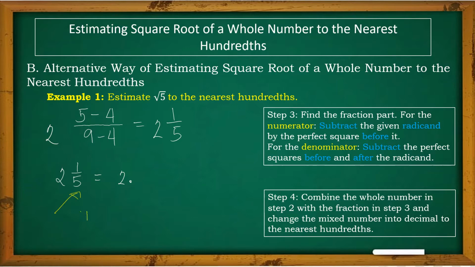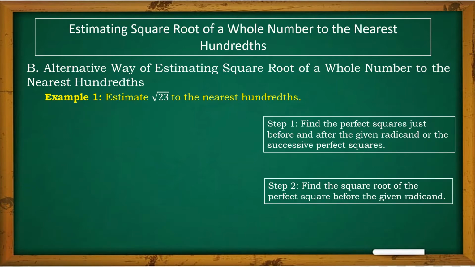So, that would be 1 divided by 5. Hindi pwede, di ba? So, magdagdag tayo ng 0. 10 divided by 5 would be 2. 2 times 5 would be 10. 10 minus 10 is 0. So, this is a terminating decimal. I-add lang natin yung decimal part niya. That would be 2.2. And our final answer is the square root of 5 is approximately equal to 2.2. Okay, yan yung tamang sagot.